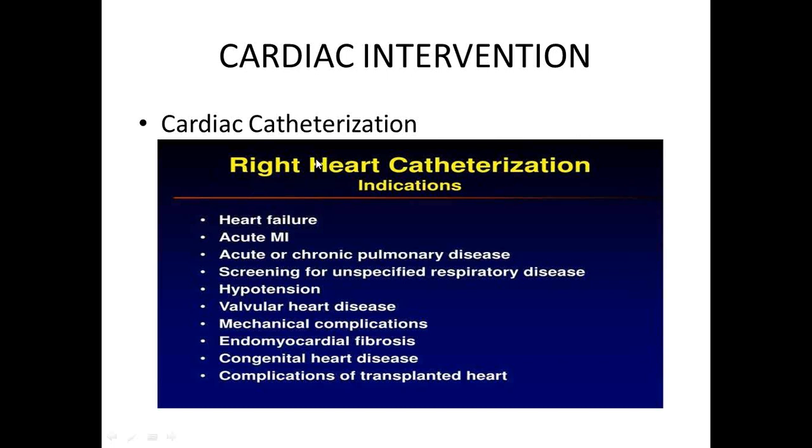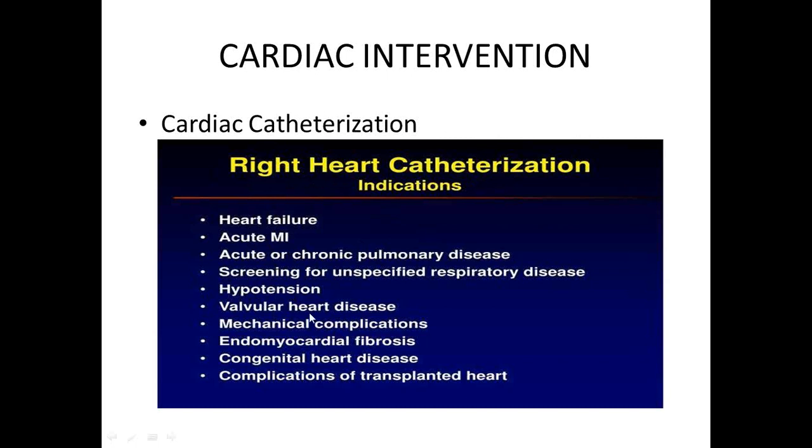And so the discussion was mainly on left heart catheterization, but we can also do right heart catheterization, where we go through the venous system and we enter the right atrium. We do right heart catheterization for patients with heart failure when we're not sure what's going on. We can also do it for acute myocardial infarction, acute heart attack. If the patient has any lung disease and we want to look at, say, the pulmonary pressures and stuff like that.